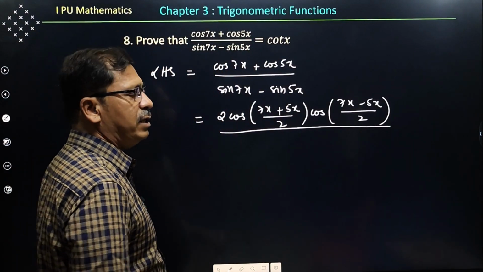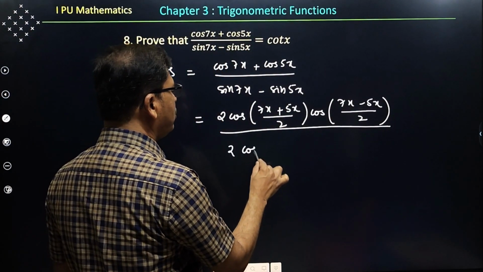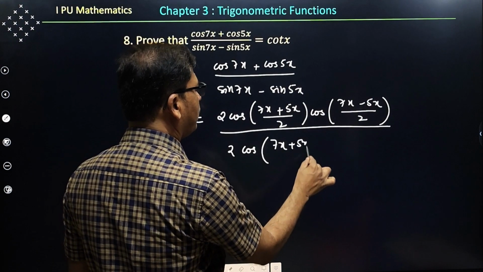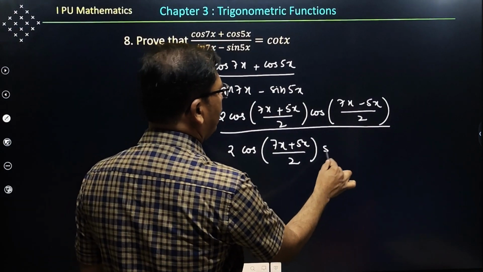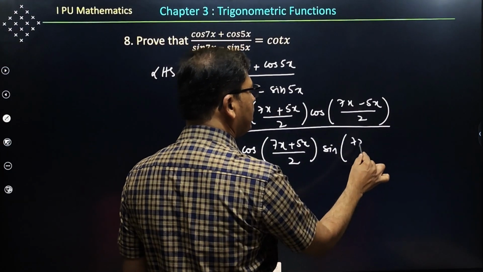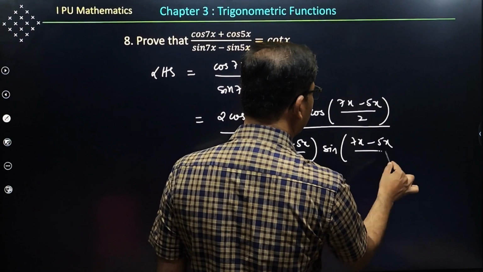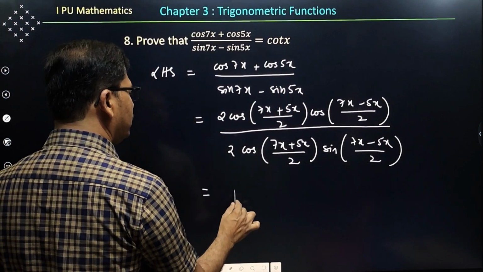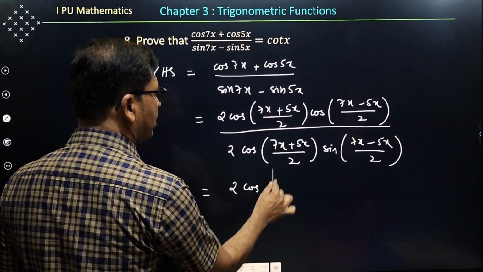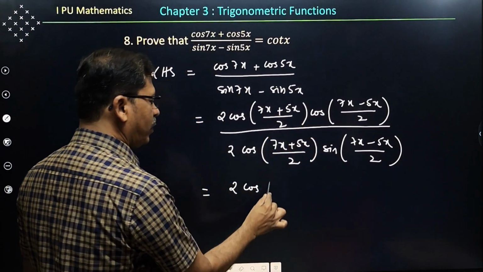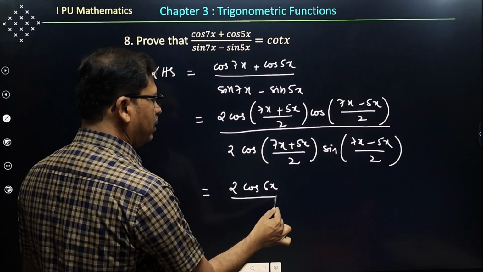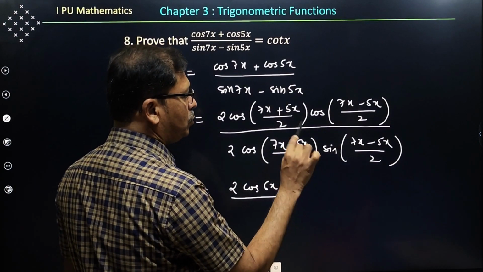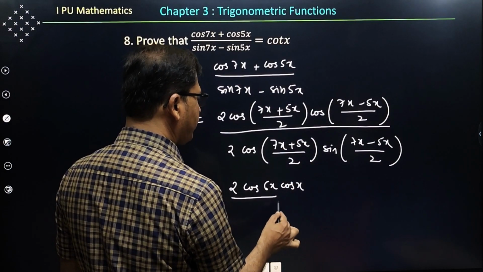sin c minus sin d, 2 cos into sin, 2 into cos of 7x plus 5x by 2, into sin of c minus d divided by 2, that is 7x minus 5x divided by 2 here. Now this is equal to 2 into cos of, this is 6x altogether, into cos of 7 minus 5 is 2, 2 cancels, only x remains.